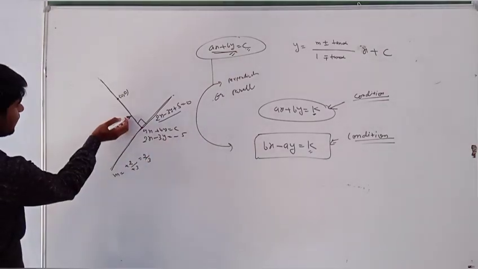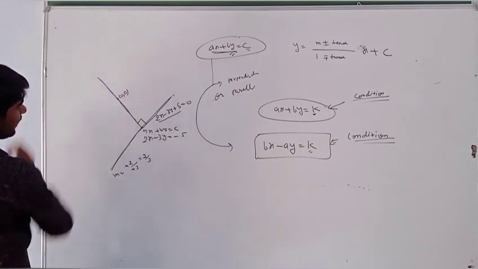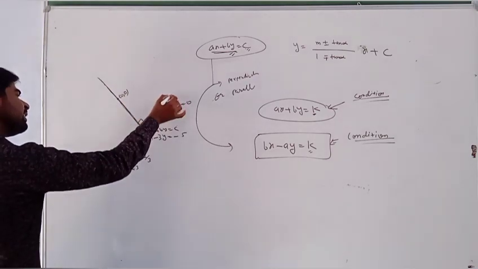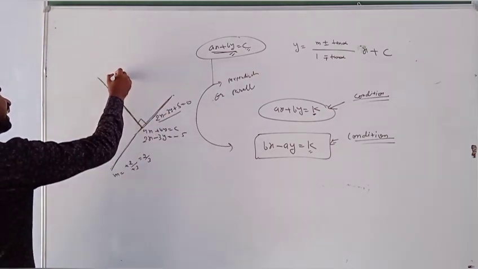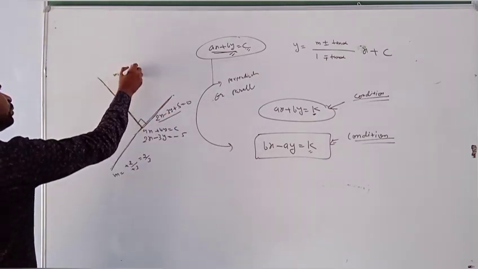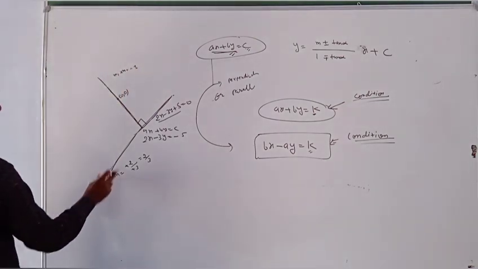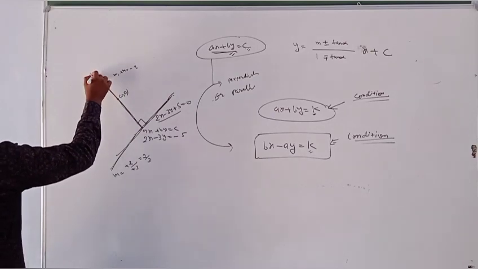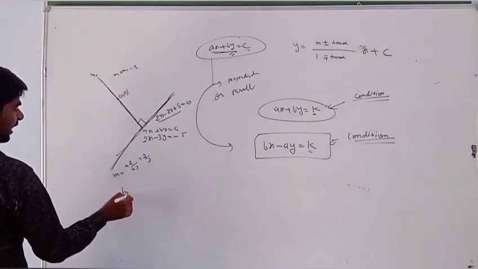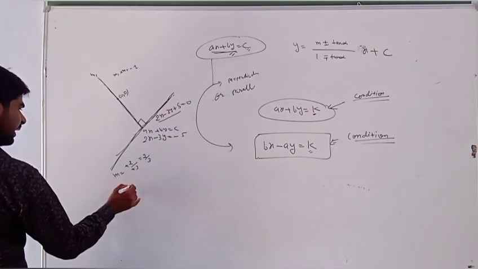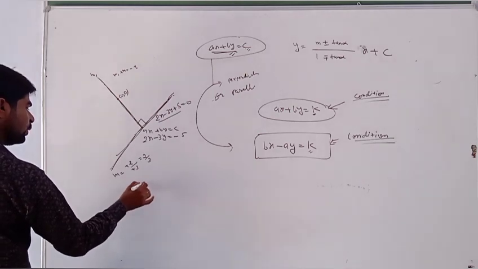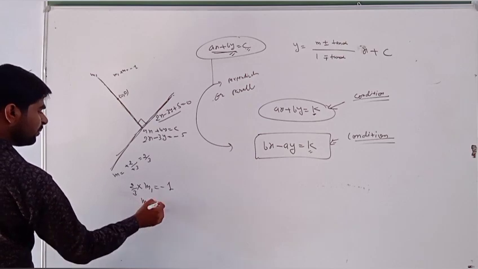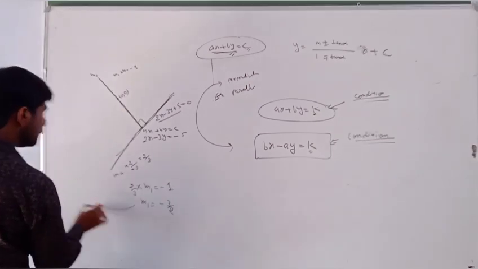And this line doesn't have any slope given, but we know that this line is perpendicular to this, means m times m1 will be minus 1. So m is the slope of this line and m1 is the slope of the other line. So 2/3 into m1 equals minus 1, so the value of m1 will be minus 3/2.